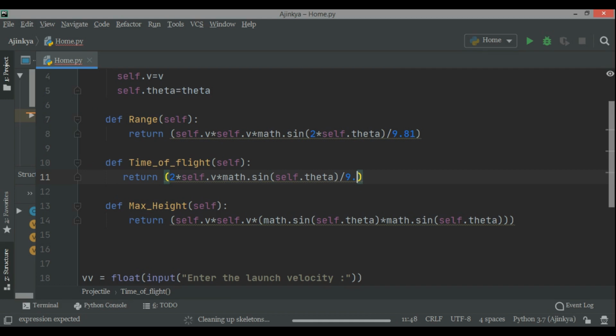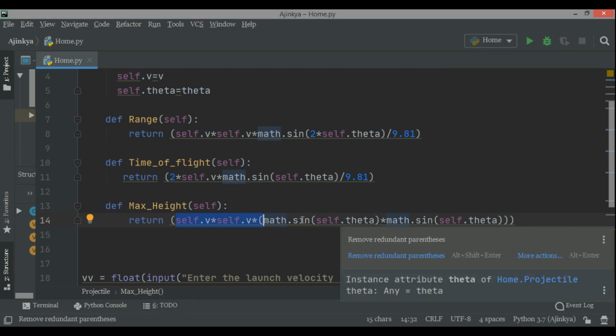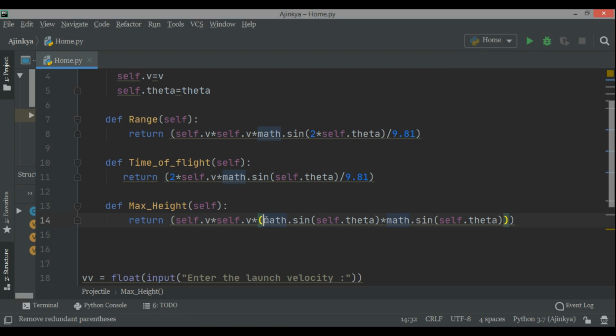Time of flight is 2v sine theta upon g, and the maximum height is v square sine square theta upon 2g, and the value of small g, acceleration due to gravity, is 9.81 on the surface of earth.